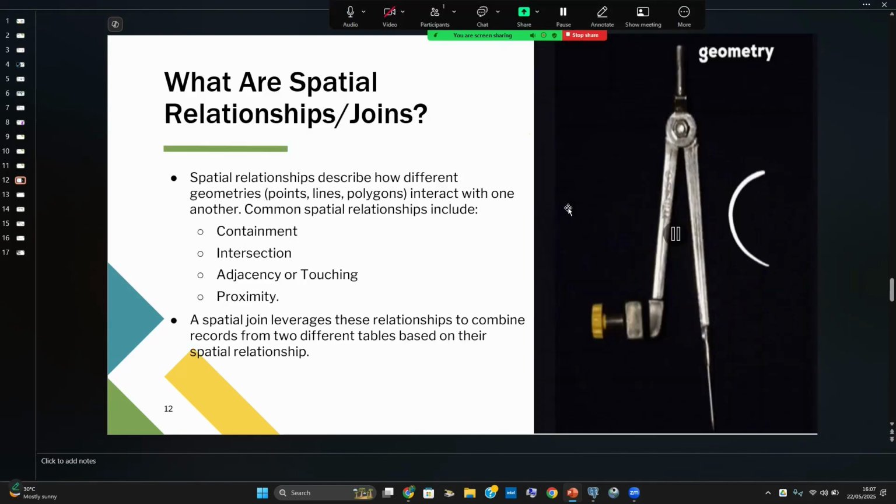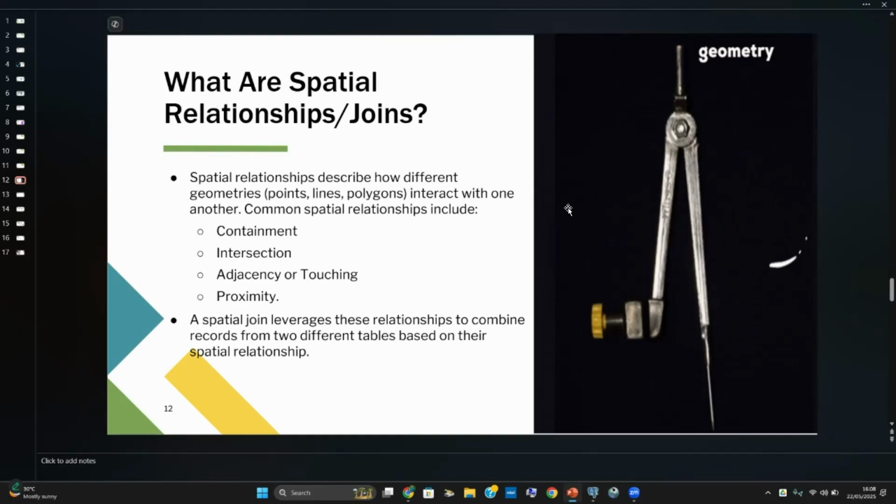All right. So we're now moving on to what are spatial joins and spatial relationships. So in our geospatial databases, spatial relationships describe how different geometries, we mentioned the points, the lines, the polygons, interact with one another. Right? And there are some common spatial relationships that everybody knows, and there are some more uncommon ones.